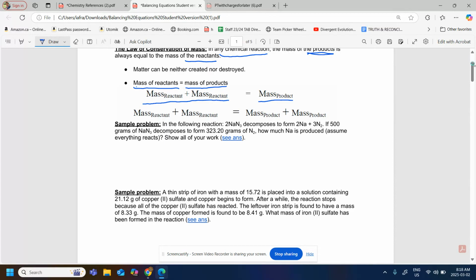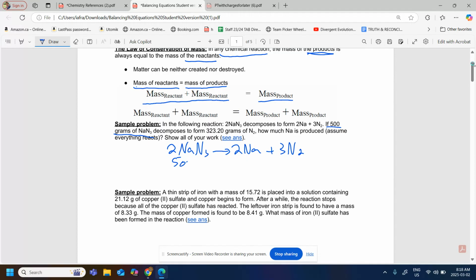So first, I'm going to write out this reaction, this equation. 2NaN3 decomposes to form 2Na plus 3N2. And we're told that we have 500 grams of NaN3.